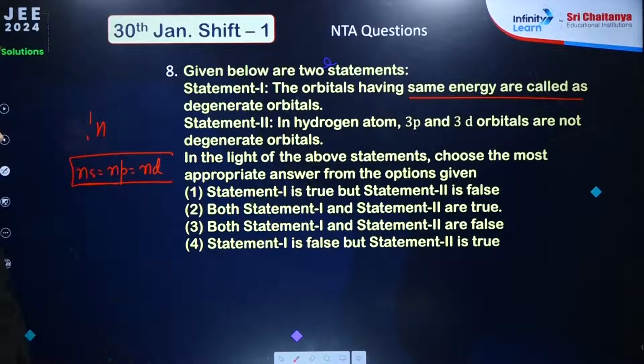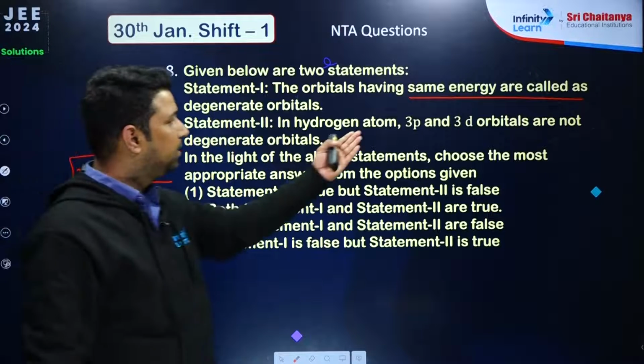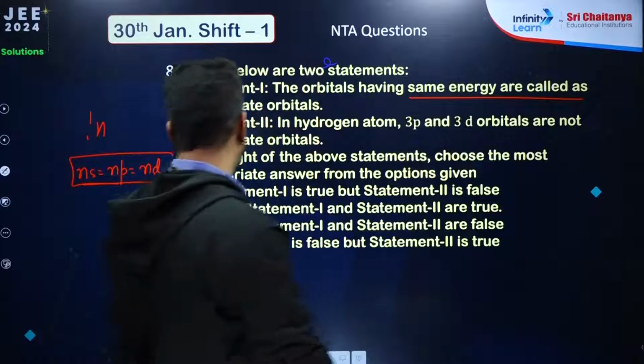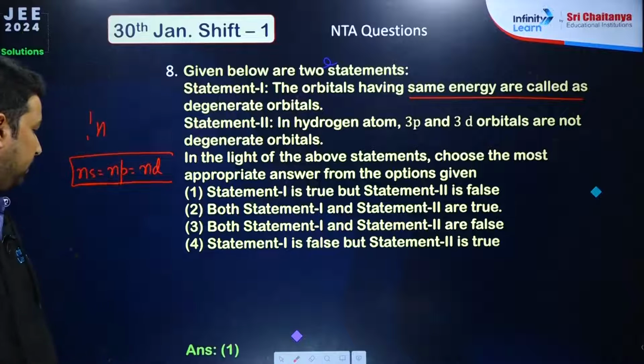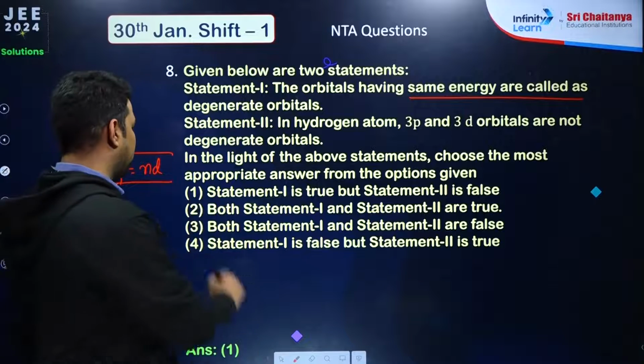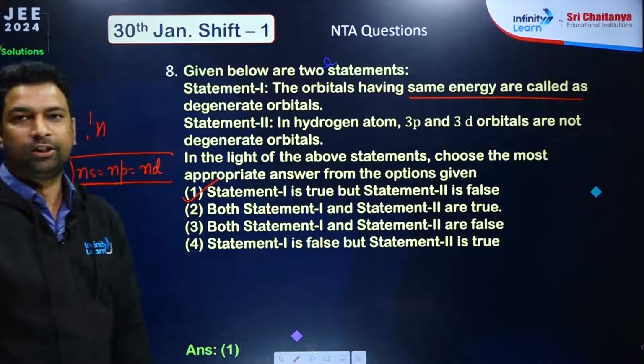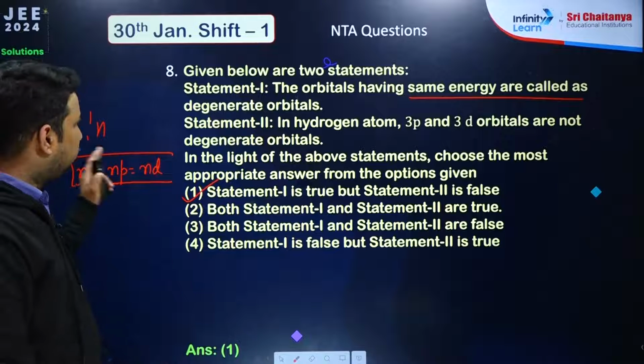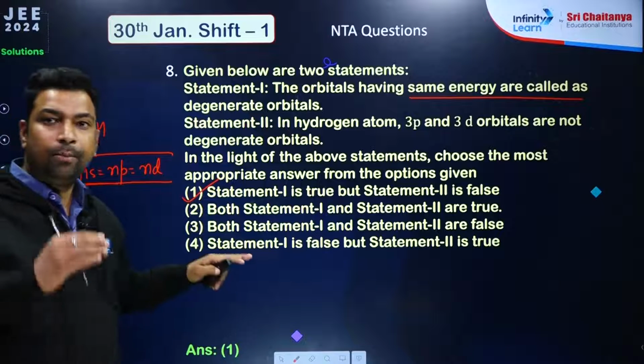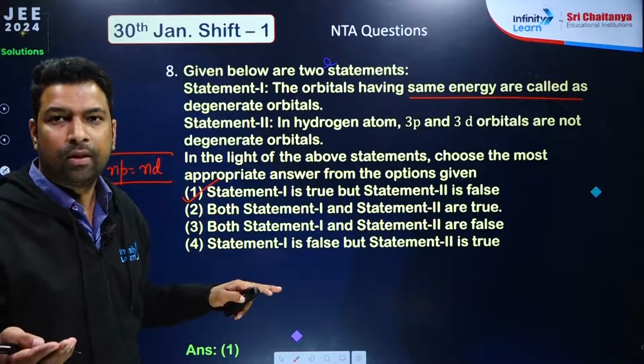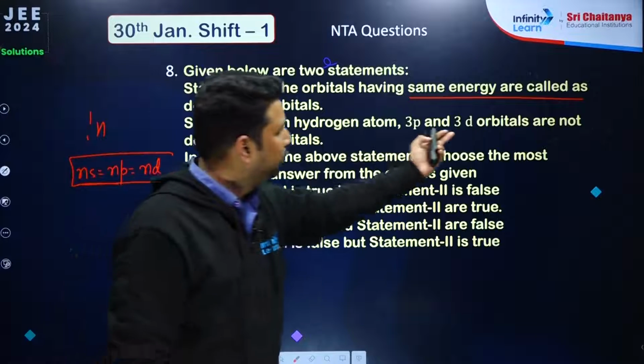All these orbitals are degenerate, but statement 2 says 3p and 3d are not degenerate. So which option will be correct? Option 1: statement 1 is true, but statement 2 is false. This is true for single electron species. When more than one electron is present in the system, they will not be degenerate.